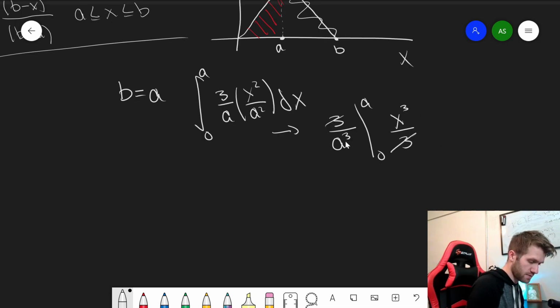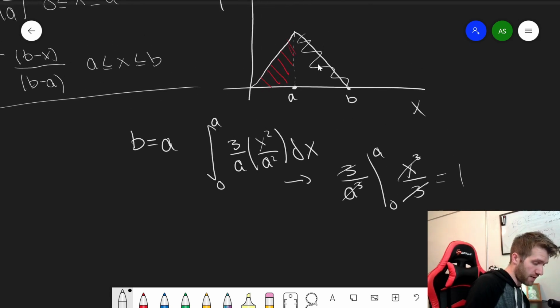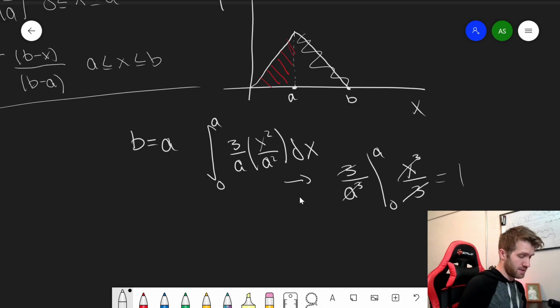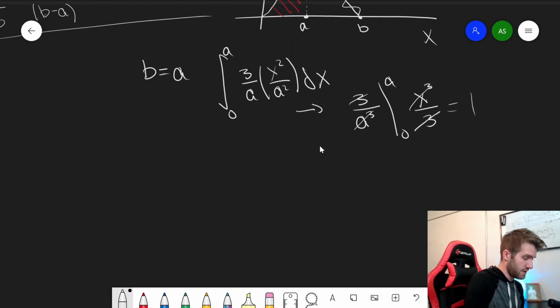These 3's cancel, and so do these, so that would just be equal to 1. And that makes sense. If you look at the graph, if we're only concerned with the left of A, where B is equal to A, there's a 100% chance that the particle is within that region of space to the left of A. So it basically guarantees that condition.